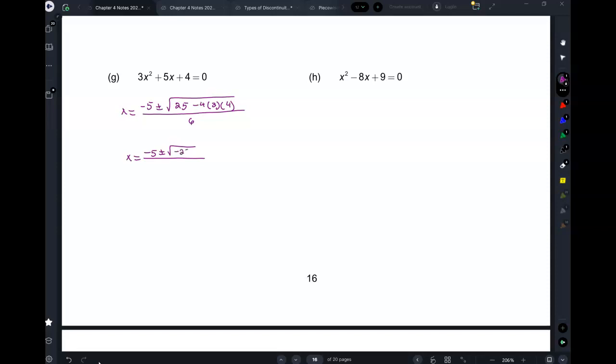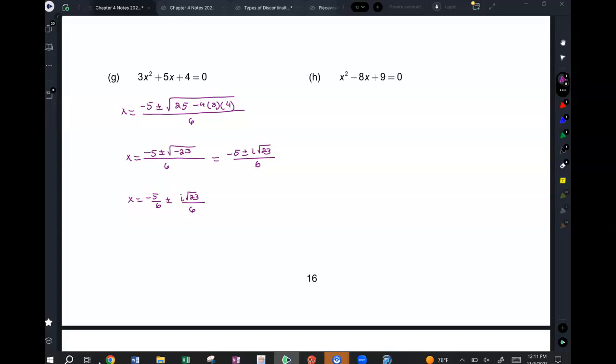Negative 23 over 6. So would you just take out i? Correct. We take out the i: negative 5 plus or minus i root 23 over 6. But now we have to split this up, real and imaginary part. So x equals negative 5 over 6 plus or minus i root 23 over 6, right? Split up real and imaginary, and you get this when you get a complex number like this.